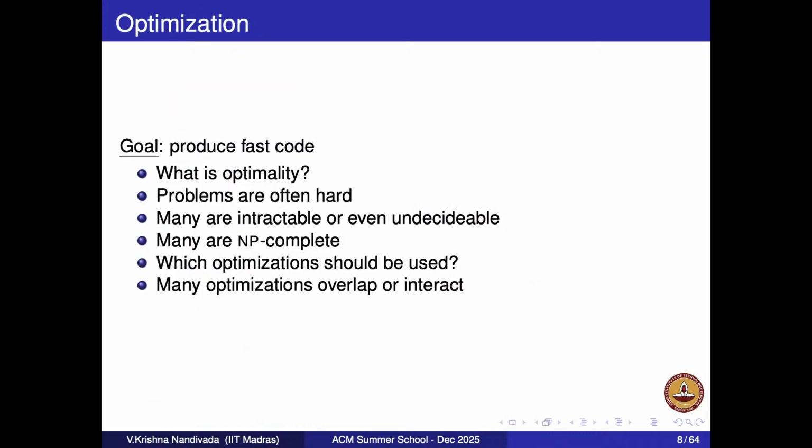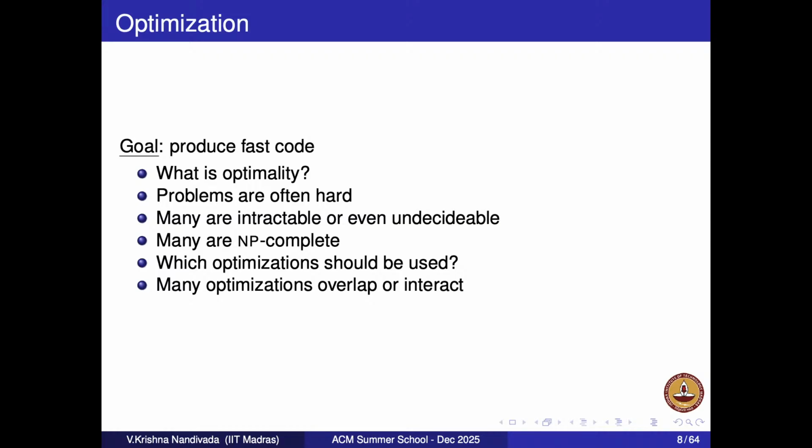Our goal is to look at optimization. We want to generate fast code, let's say. What do we mean by optimality? Is it the most optimum code? What does optimum mean?